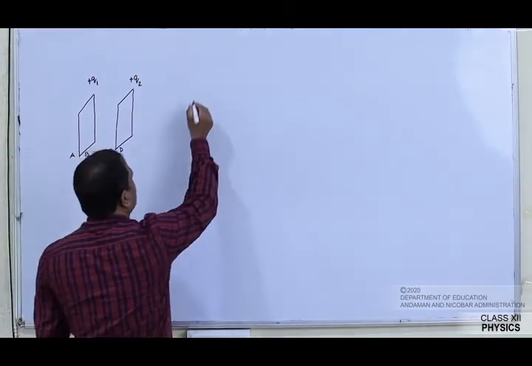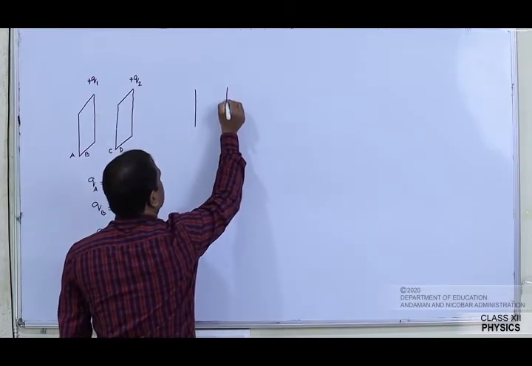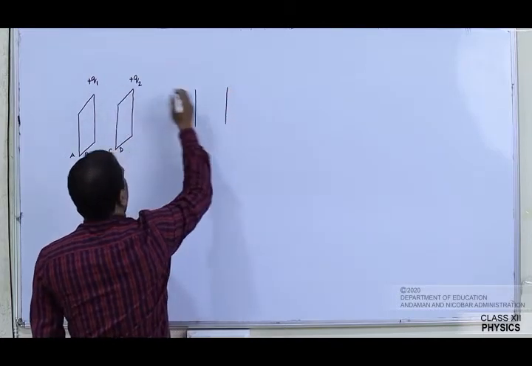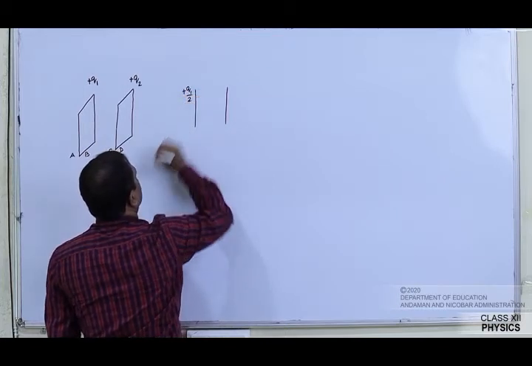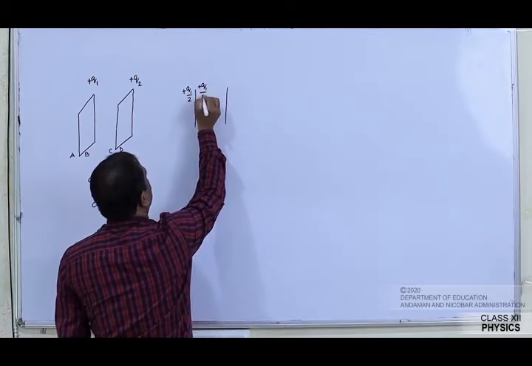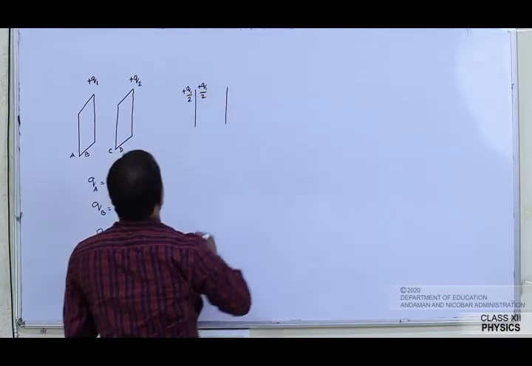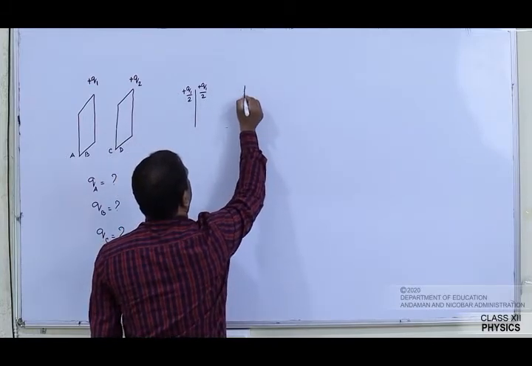If I redraw the diagram, say this is one plane, this is another one. This plus q1, I am going to have plus q1 by 2 on this side and plus q1 by 2 on this side, and this q2 will be equally divided. Let me draw the figure here.